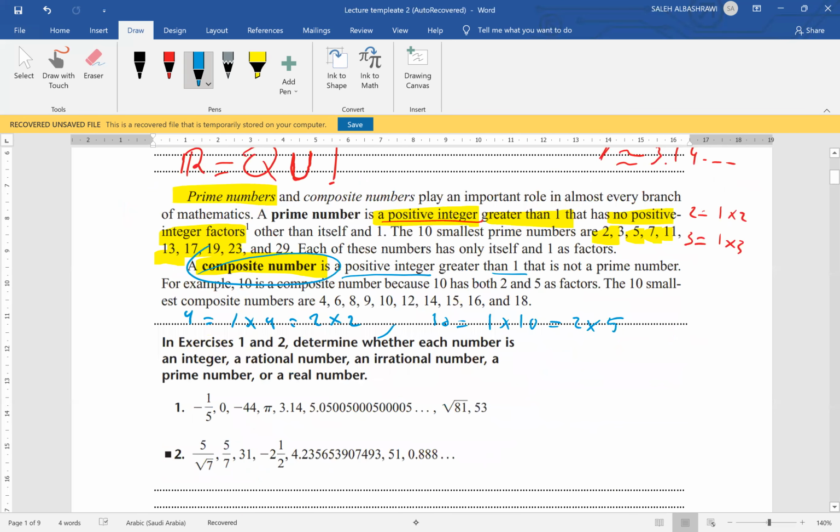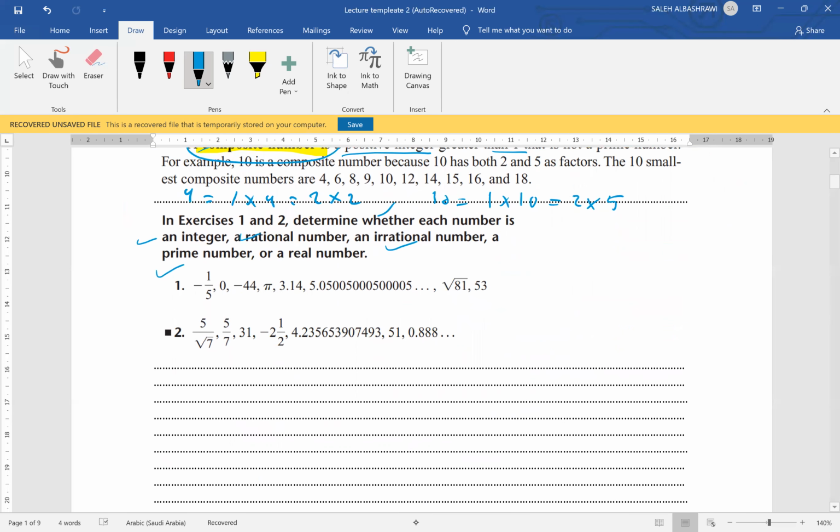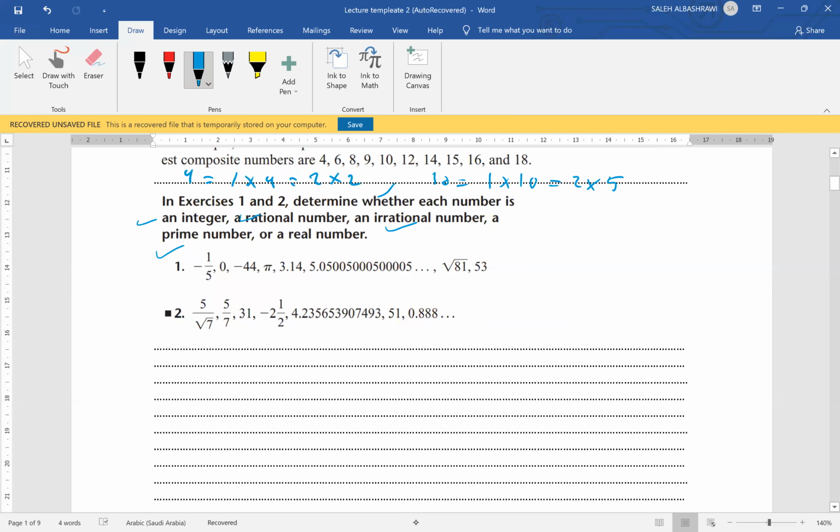Now for the real numbers, let's start with these exercises. I need to determine whether each number is an integer, rational, irrational, prime, or a real number. Let's start with the integer numbers.